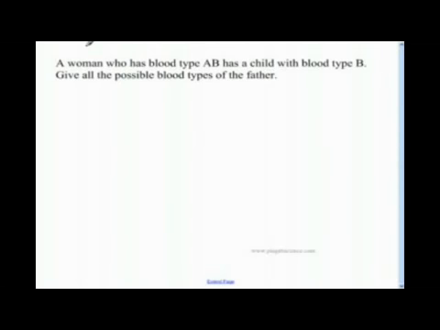Next problem: a woman who has blood type AB has a child with blood type B. Give all the possible blood types of the father. Now the child's blood type is given. Okay, so we will write the woman's blood type, which is blood type AB.